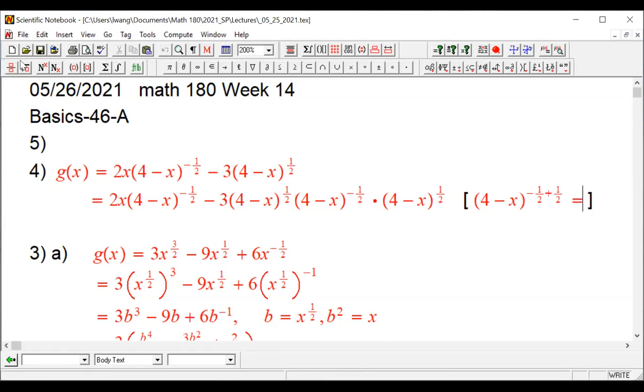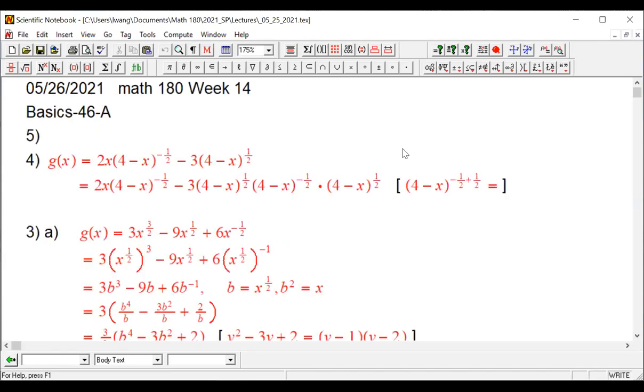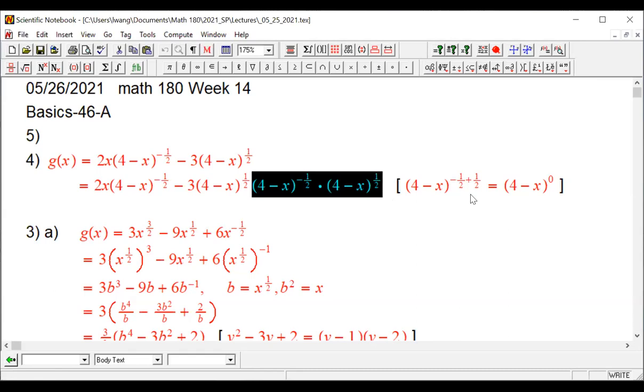Let me make the font a little bit smaller, 175%. So this piece is a 1, provided that 4 minus x is not 0.